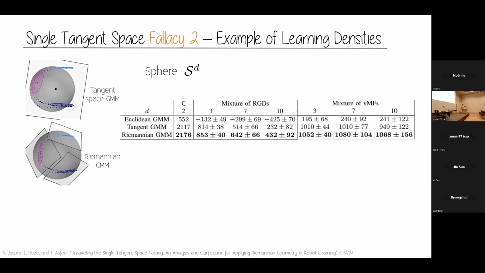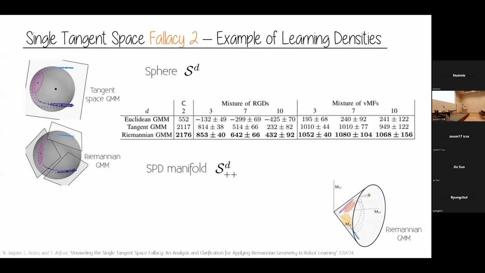So that's already telling us that if we start working on higher dimensional manifolds, this single tangent space approximation is pretty bad. Something similar happens when we use a mixture of von Mises-Fisher distributions, which are intrinsic distributions that belong to the sphere. And we have a similar behavior. We run a very similar example, but now on the symmetric positive definite manifold.